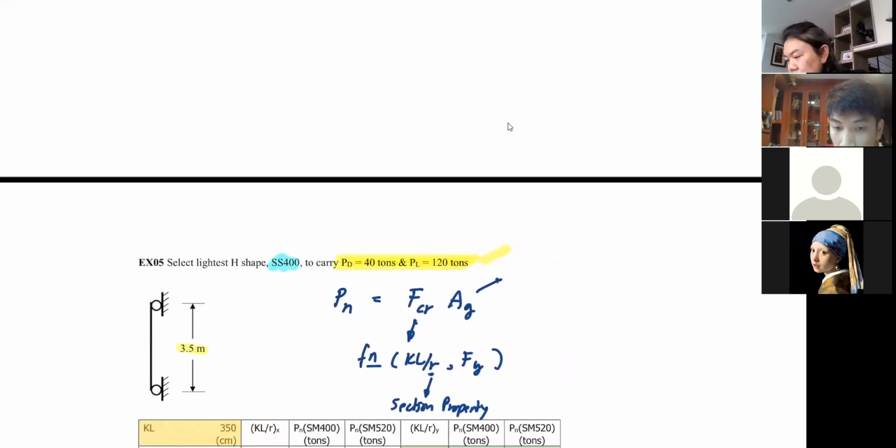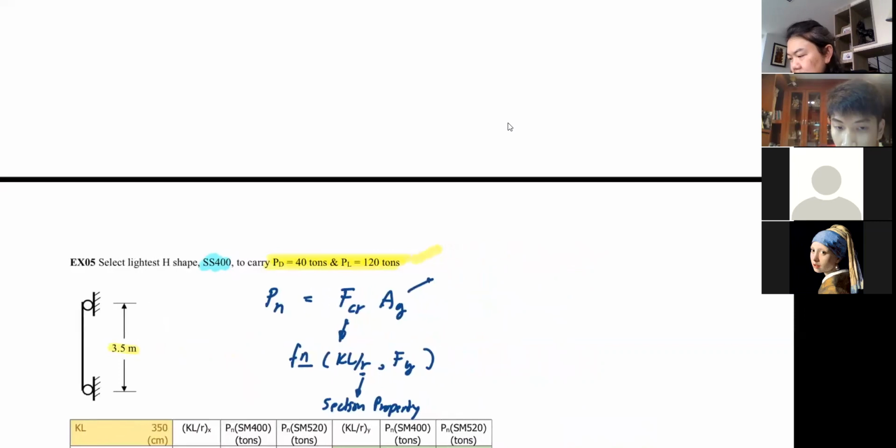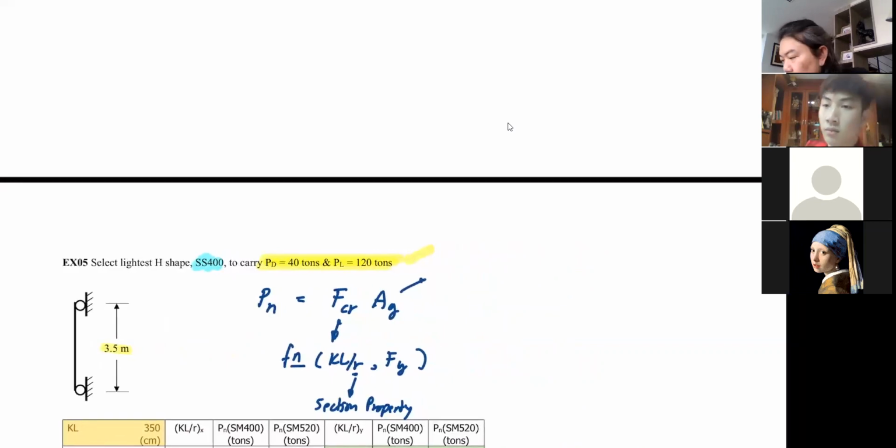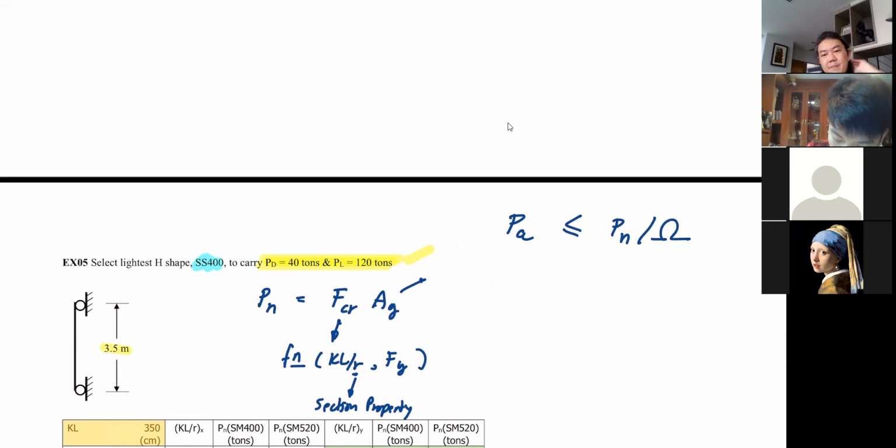Now, when you begin your design problem, remember that your main equation is always PA cannot be greater than your P nominal divided by factor of safety, right? I think you can see better. It's the same thing, but I just want to write it down here instead of on the same line.